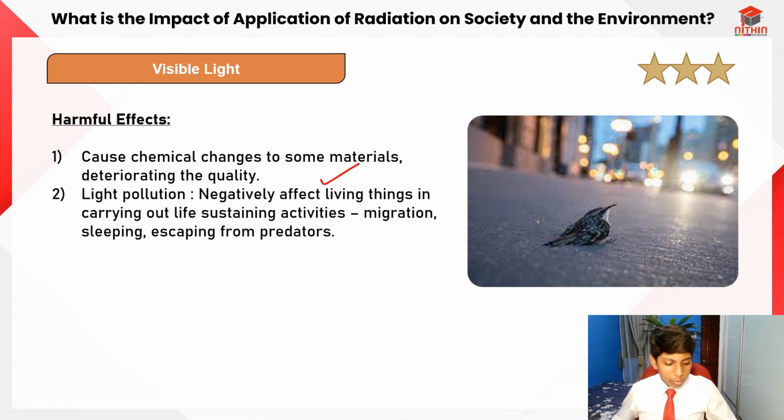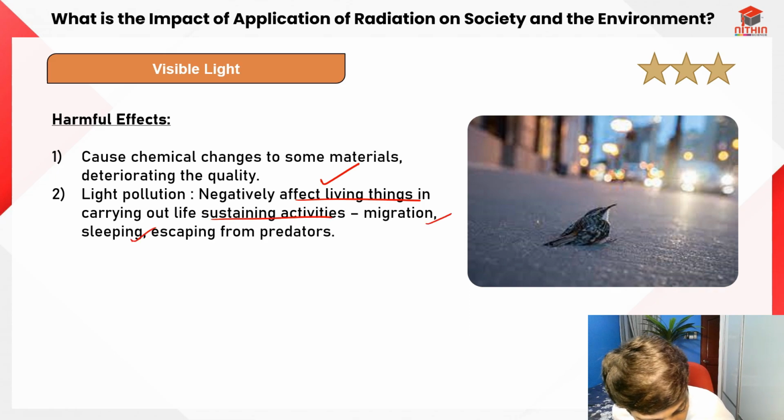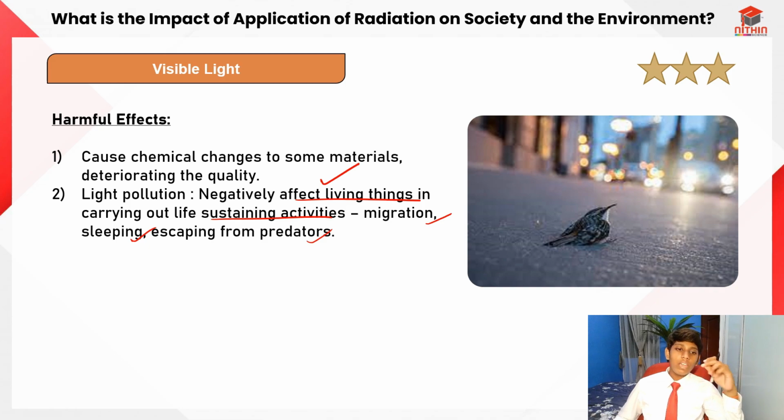Secondly, light pollution negatively affects living things in carrying out their sustainable activities: migration, sleeping, escaping from predators. Their sleep cycle will be ruined, their migration will be ruined, and they will not know which is day and which is night.